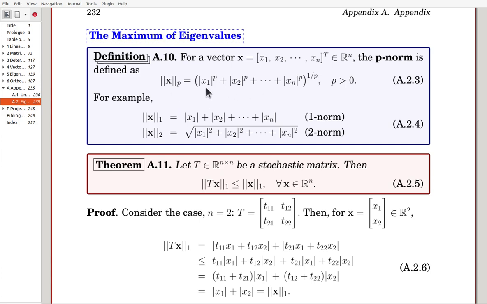We take the absolute value of each entry in the vector, take the p-th power sum, and finally the 1 over p power. When p is 1, that is simply the sum of absolute values. And if p is 2, then that is the square sum and square root.